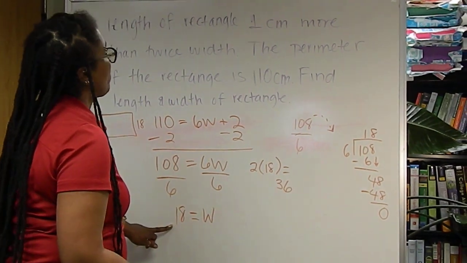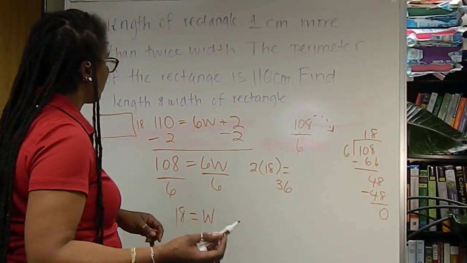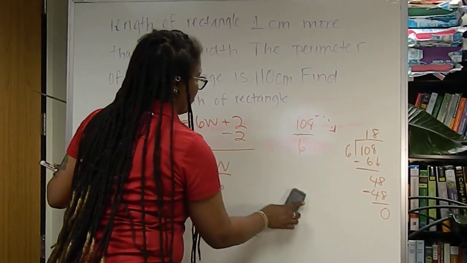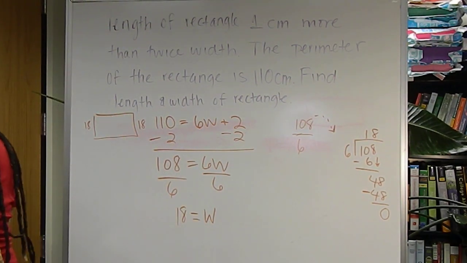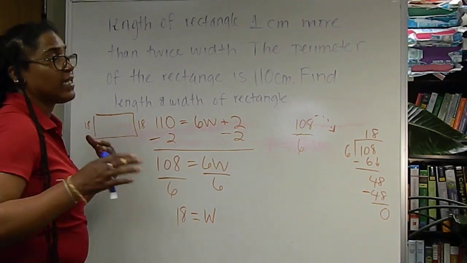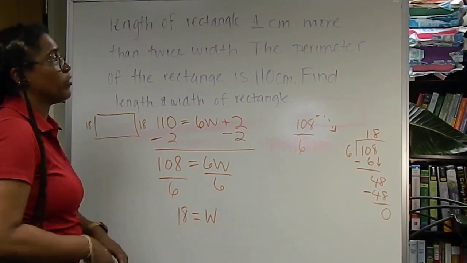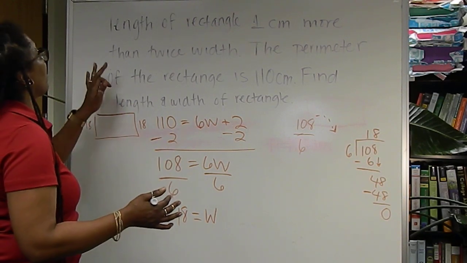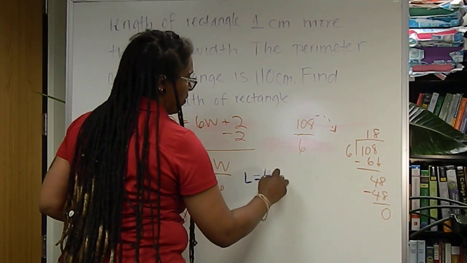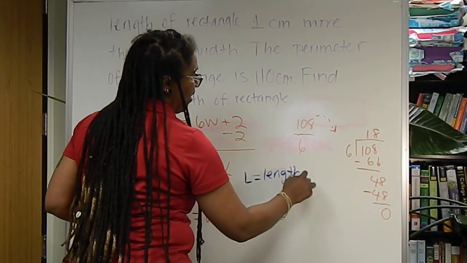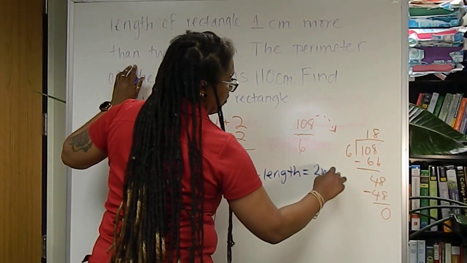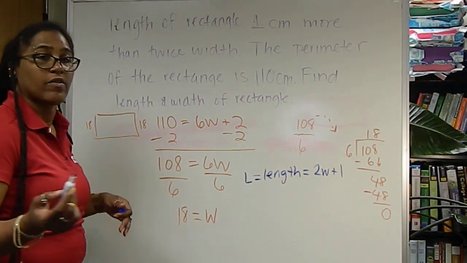36, right? So when we plug it in there, let's go back to the beginning. That's what we're supposed to do anyway. Let me help you with that. Before, we wrote down that yes, we're going to go back. That was right too. But let me show you exactly what you're supposed to do, because I had to erase the board. Up top in our notes we had L is equal to length, and then we had equal to 2W plus 1, correct?